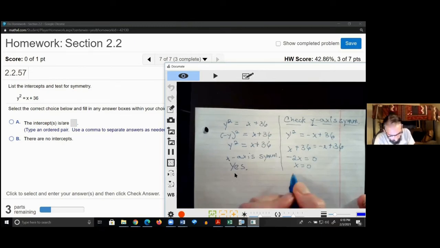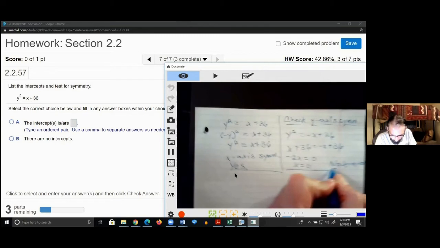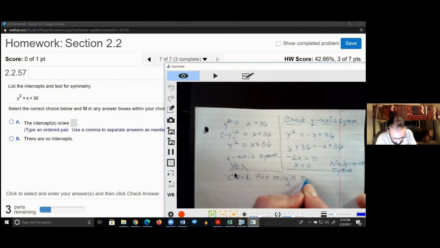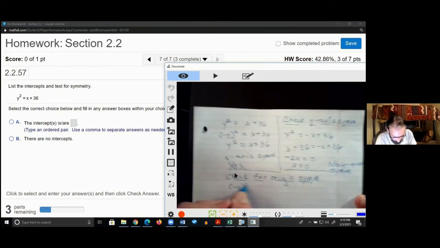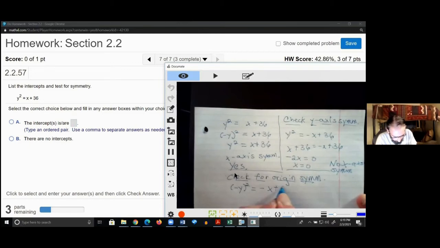So the same thing's going to happen with origin symmetry. There's no x-axis symmetry. When we check for origin symmetry, changing the sign of both x and y, we already saw what happened when we squared a negative y.